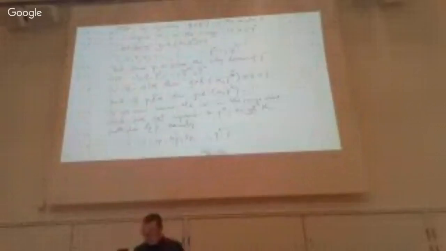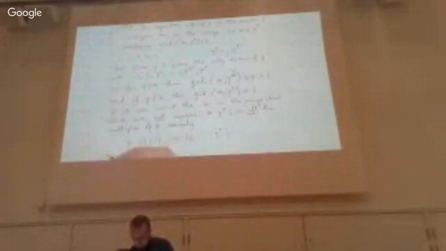And how many of them are there here? And this is what I mean by simple counting argument. You just count them as 1, 2, 3, 4. So there are p to the n minus 1 such integers.